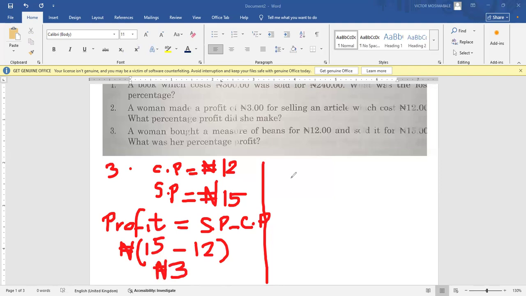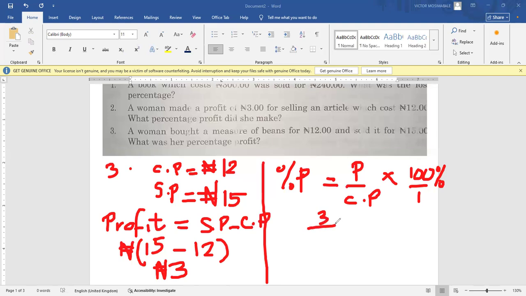And of course, percentage profit is actually profit over the cost price times 100%. Substituting, the profit is 3 over the CP 12 times 100%.